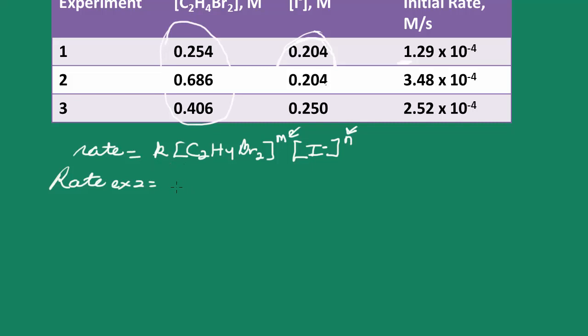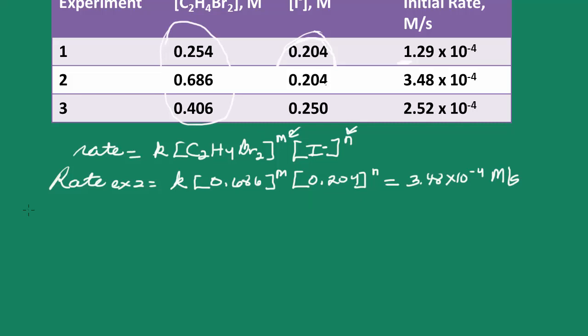Okay, so I'll write the rate for experiment 2, and that would be k times 0.686 molar to the m power times 0.204 molar to the n power, and that's equal to 3.48 times 10 to the negative 4 molar per second.